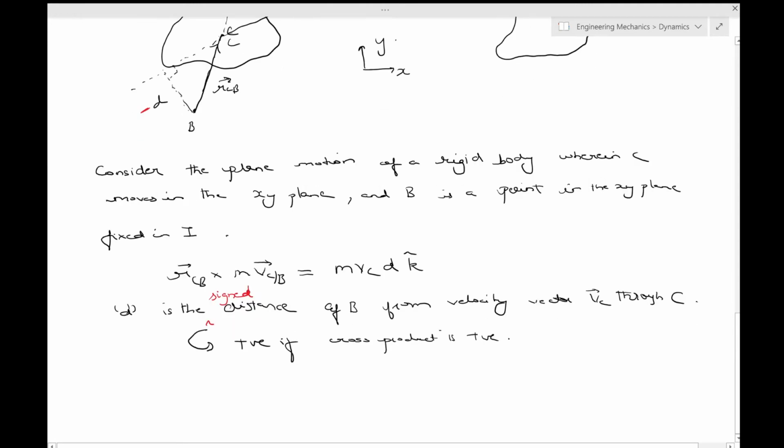Now the z component of the angular impulse moment of momentum relation for this point B, okay, this would be the integral from T1 to T2 of M_BZ dt, that is equal to delta H_BZ.